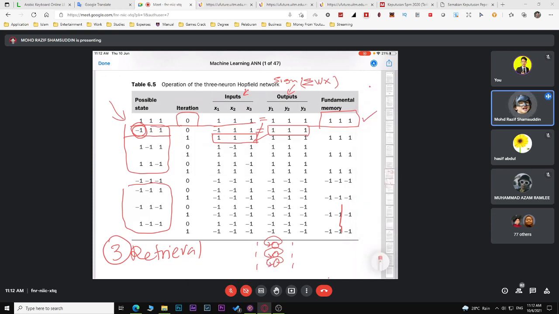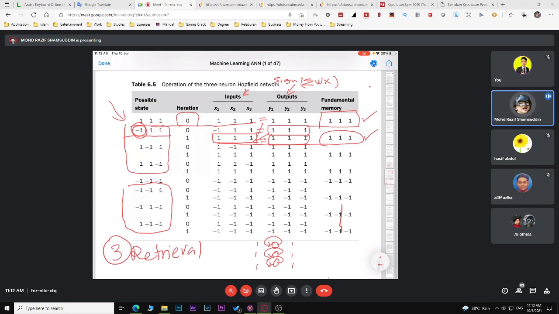Okay, that's why dia 1, 1, 1. Okay, bila kita buat lagi sekali, present this input to the network, dia akan jadi menghasilkan output yang sama, which is this one. Okay. Boleh. So bila dia sama, dia berhenti lah. Dan dia punya fundamental memory dia adalah this one. 111.